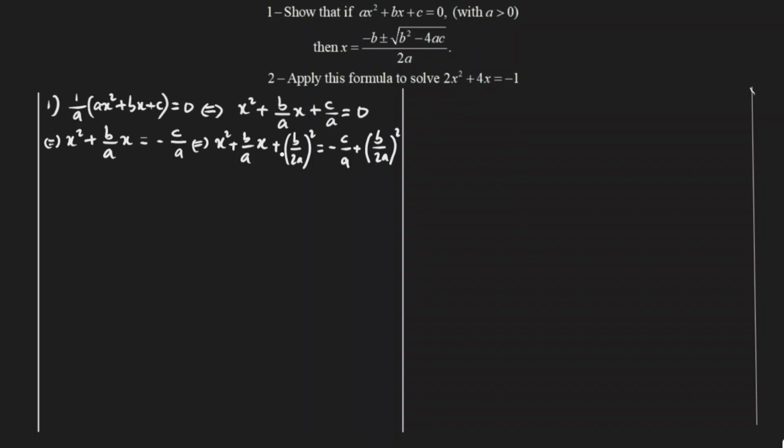So what we did is that we added that constant to the left, and we also have to add it to the right to make sure that the equality stays true.